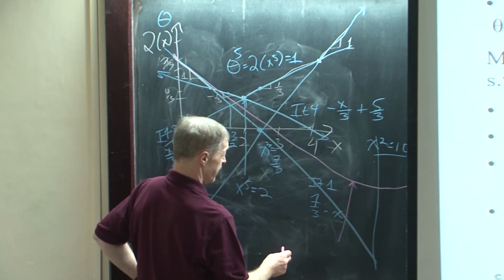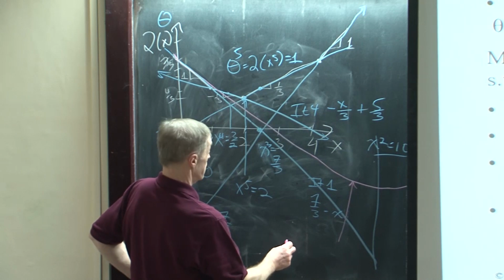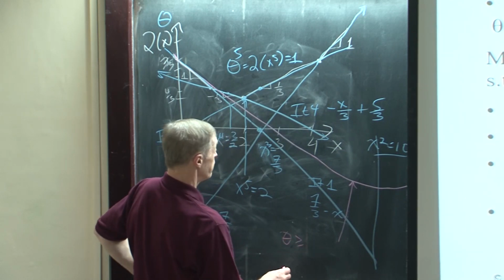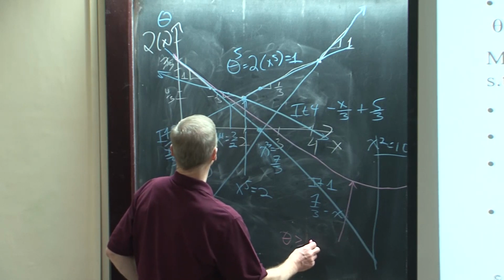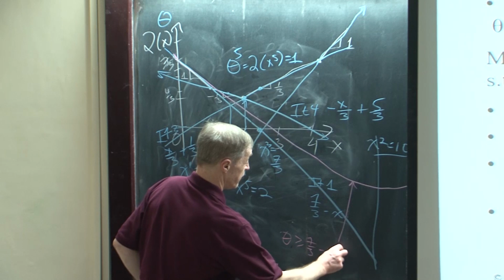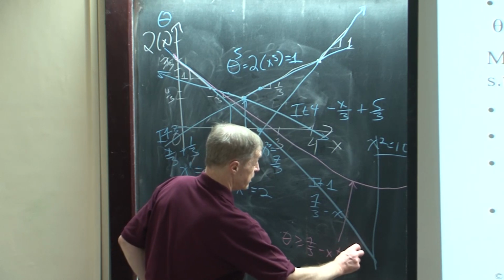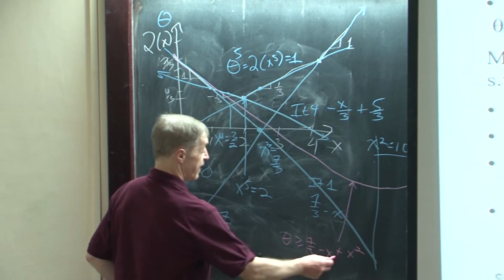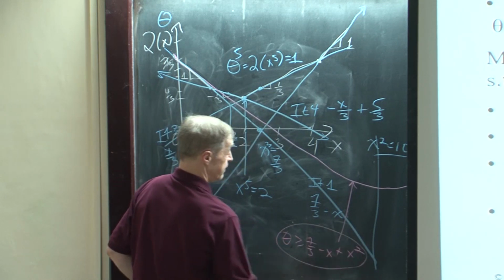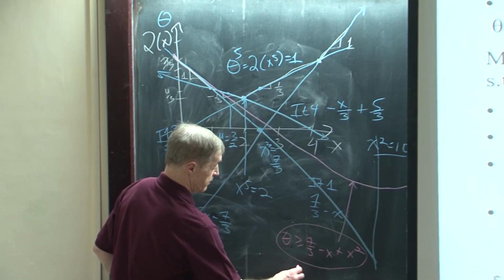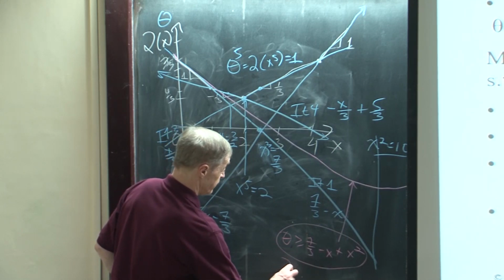So this would be like theta is greater than or equal to, what was it, 7/3 minus x plus x squared. So I'll add that on, and so then I minimize over this.